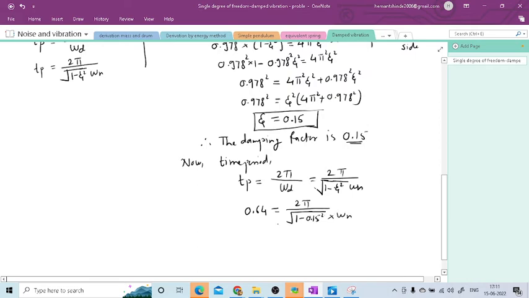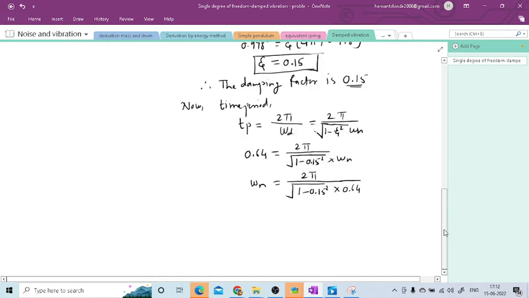Now transfer this omega n to this side and this 0.64 to the other side. So omega n equals 2 pi divided by root 1 minus 0.15 square into 0.64. This 0.64 is outside of that root.